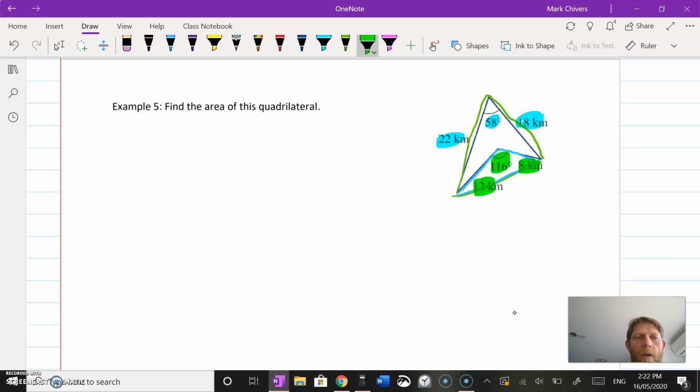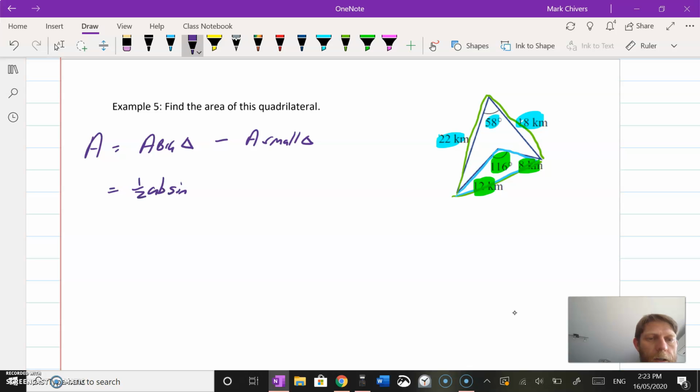So I'm just going to have to work that out, and I can spell it all out in one big thing. The area is going to be the area of big triangle minus the area of the small triangle. And so that's going to be a half ab sine C minus a half, I'll call this a1 b1 sine C1.